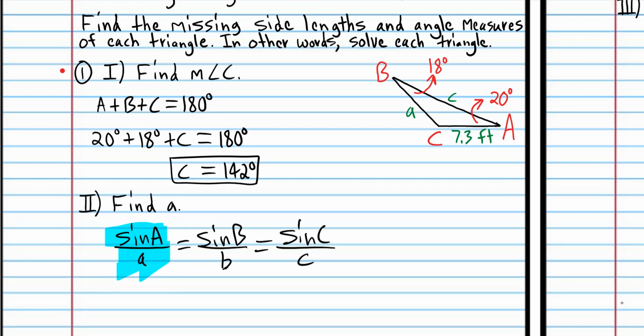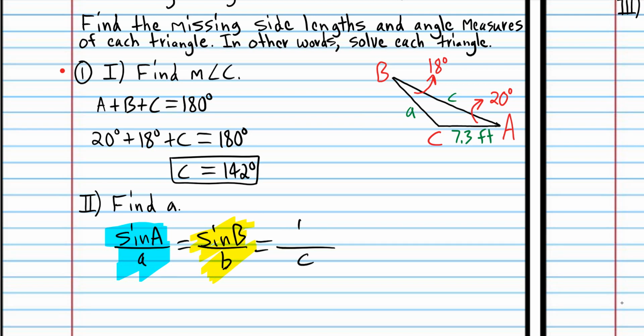And we want to find the ratio where we have the most information. So notice that we have side B, and I'm calling that side B up there because it's opposite vertex B. We have the length of side B, but we also have the measure of angle B. So that means that we're going to use this ratio here, this yellow ratio. And we can erase the last ratio.